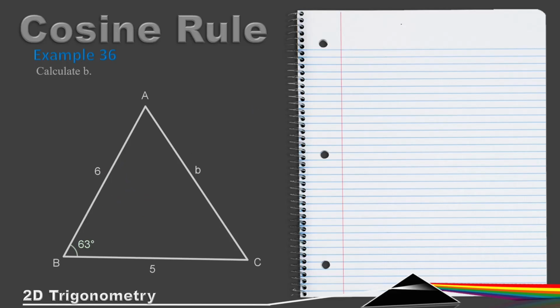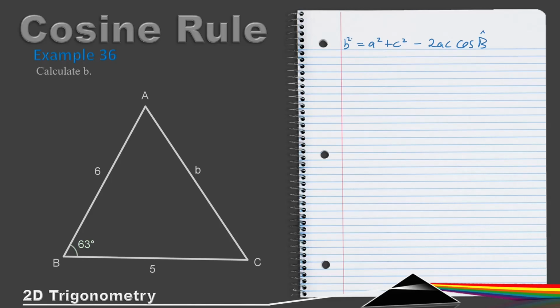So we want b, so the formula I'm going to use is the one that says b squared equals a squared plus c squared minus 2ac cos of b. Now, I'm just going to first solve for b, because this is b squared.